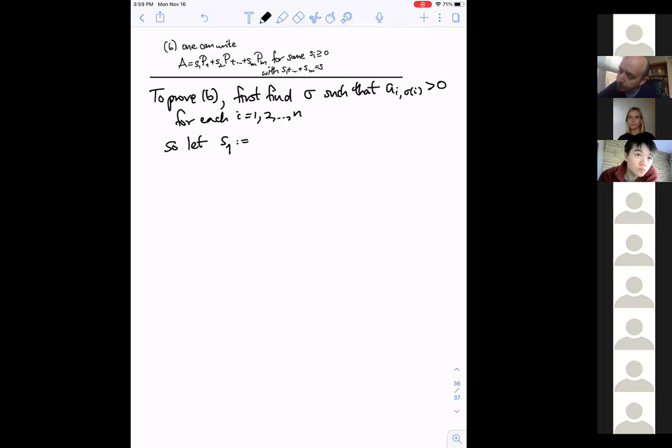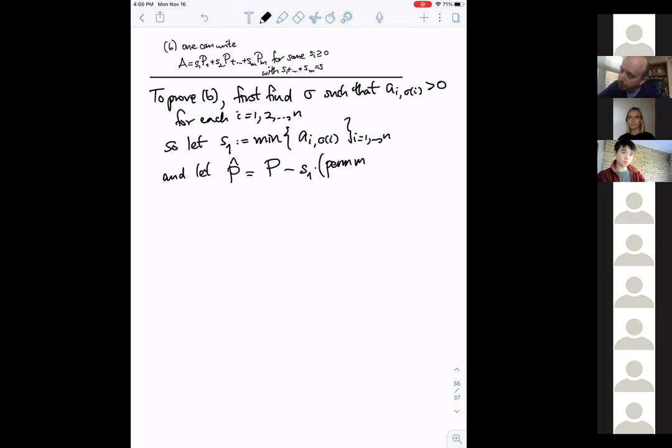So S1 is equal to the minimum of these A_{i,sigma(i)}, where i goes from 1 to n. And let P hat be P minus S1 times the permutation matrix for sigma.